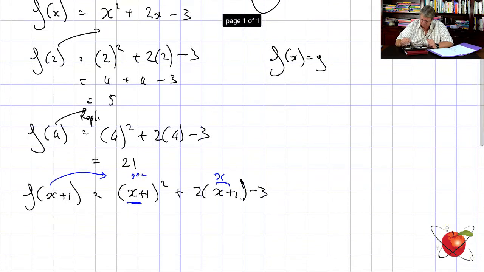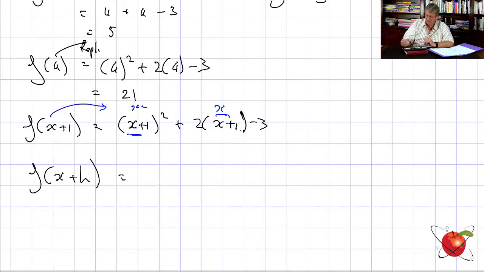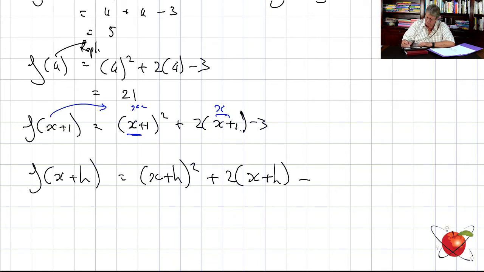So if I said to you, what is f of x plus h? Never mind at this stage what that means. What is it? That's x plus h all squared plus 2 times x plus h minus 3. And then I multiply that out.